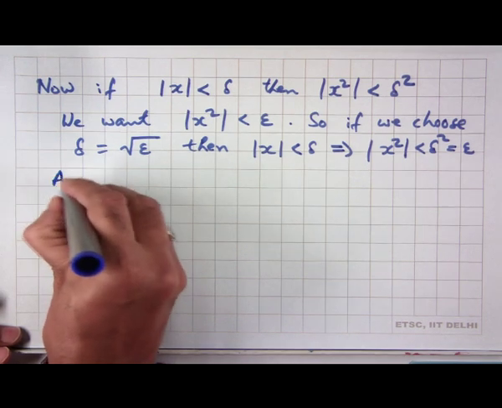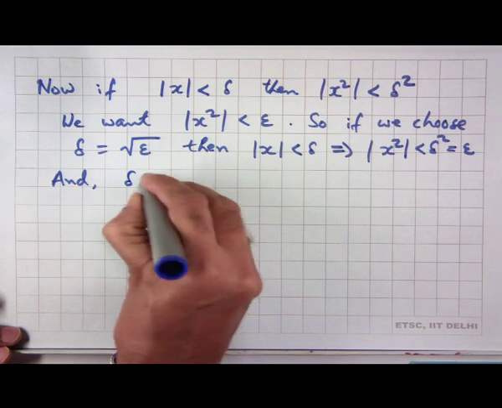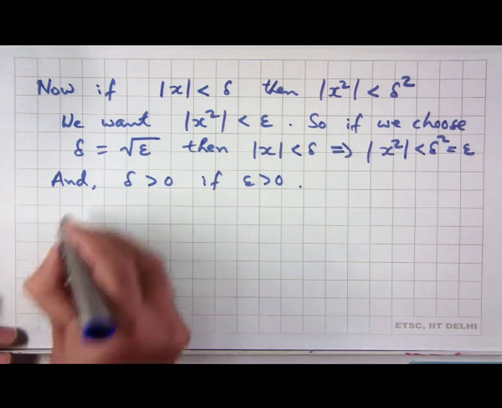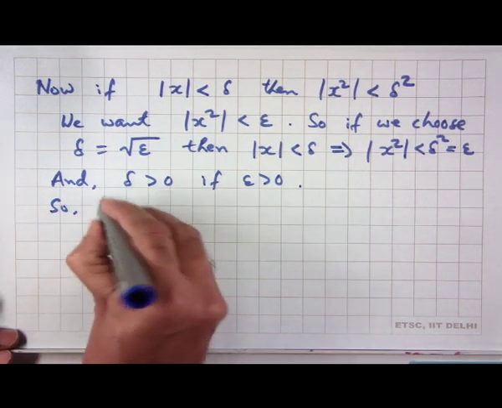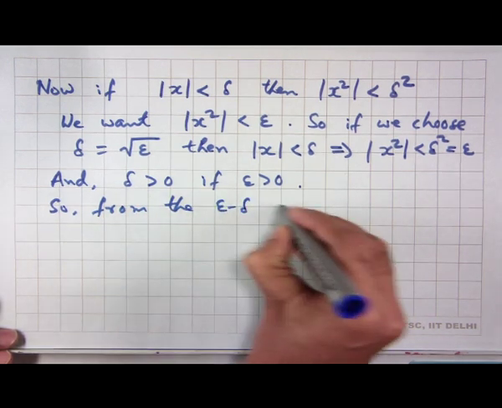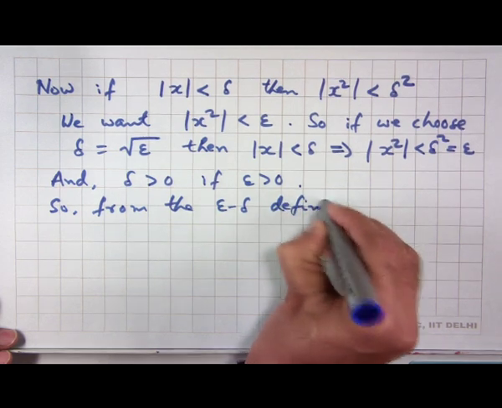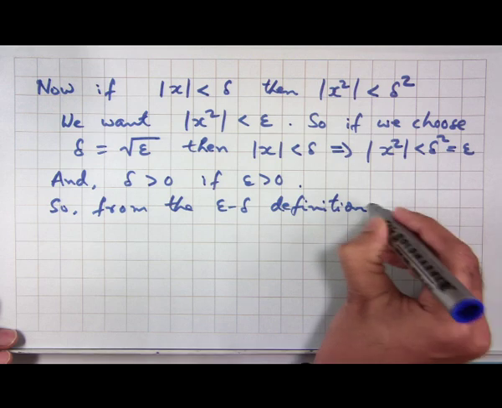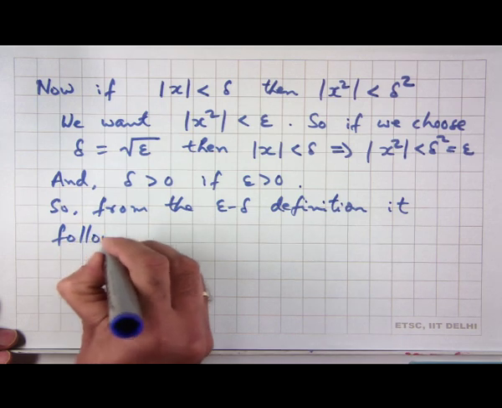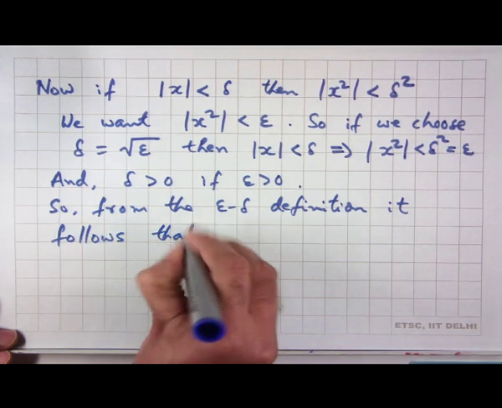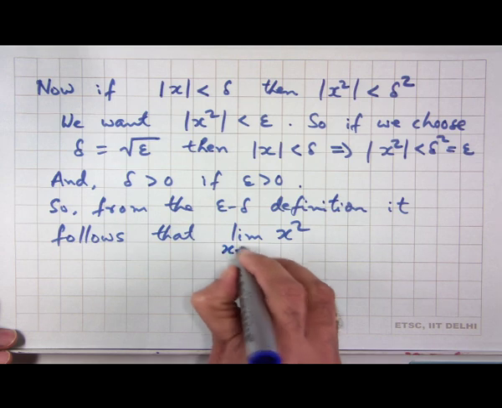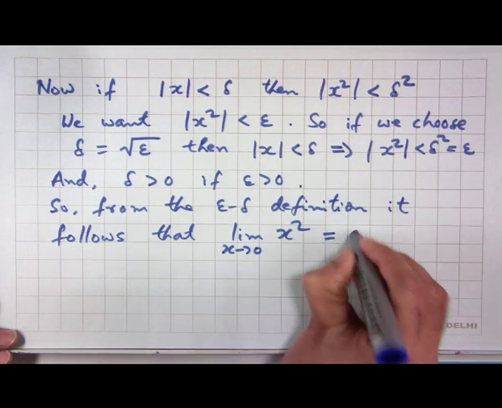And delta is of course positive if epsilon is positive. So, from the epsilon delta definition, it follows that limit of x square as x goes to 0 has to be 0.